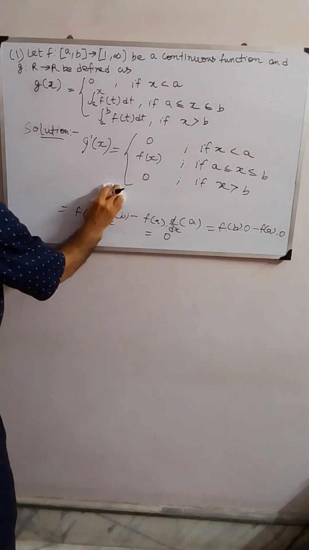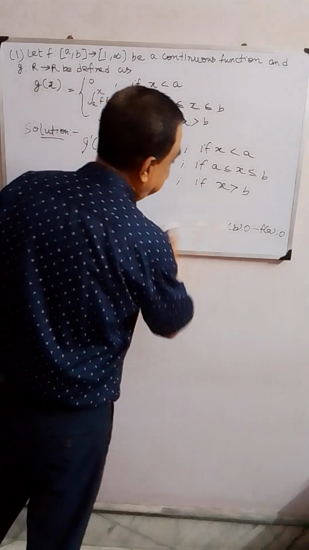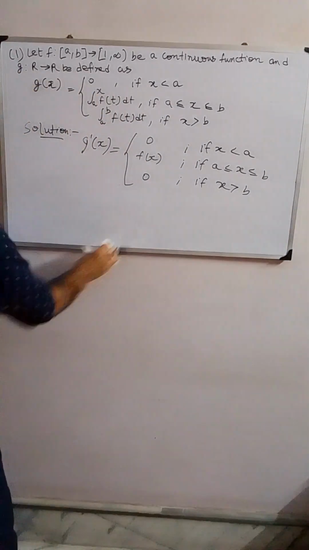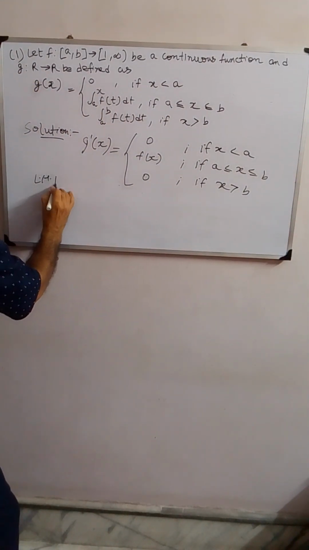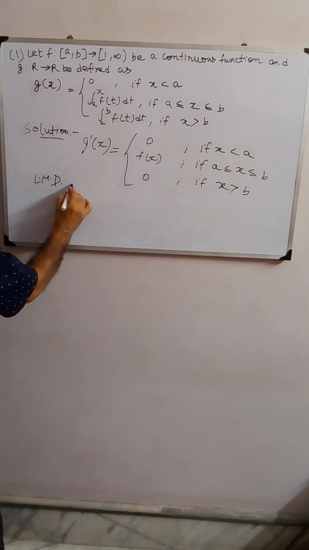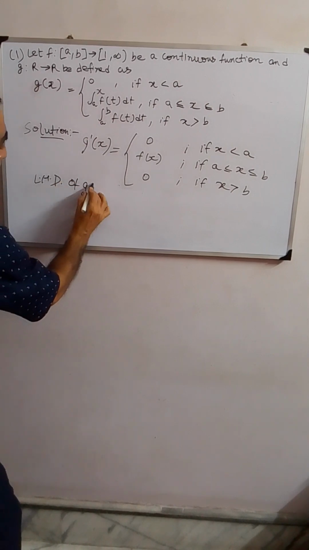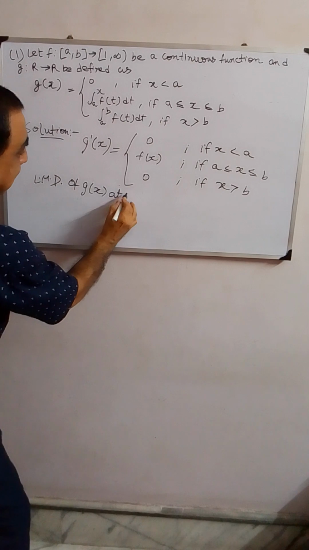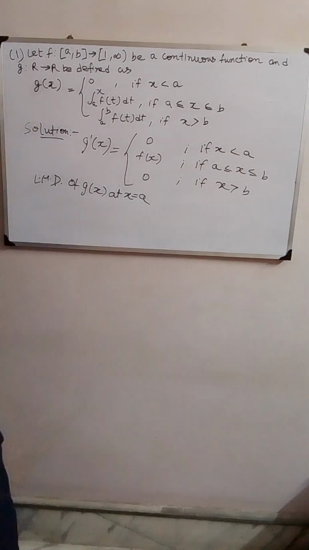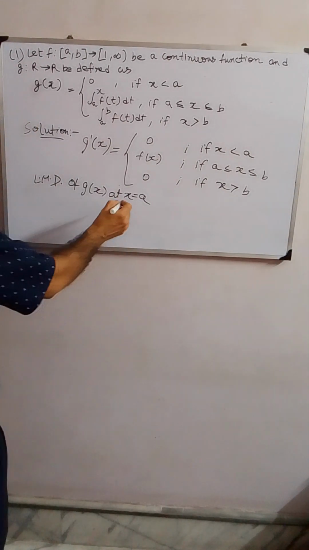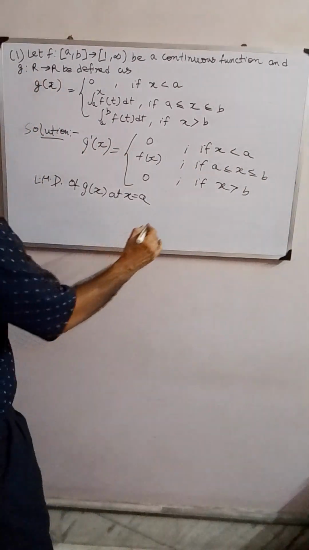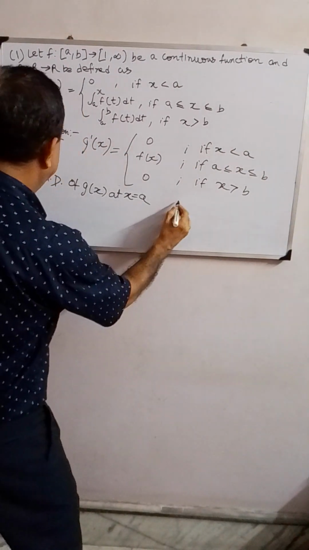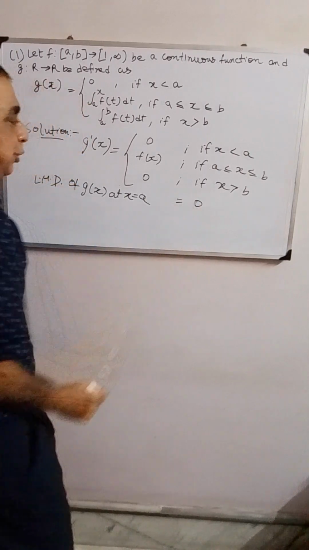Now the left hand derivative of g(x) at x equals a. What will be the value when x is less than a? So g'(x) is equal to 0.